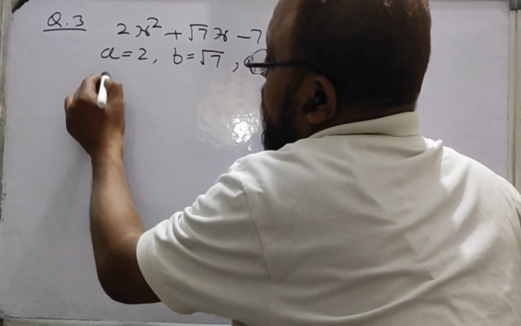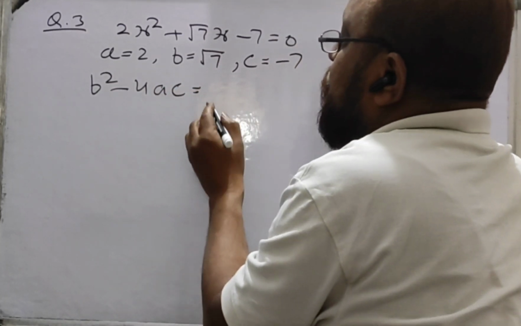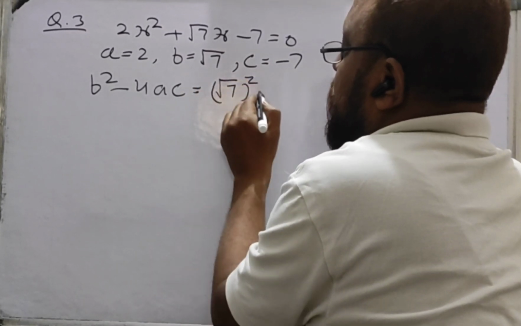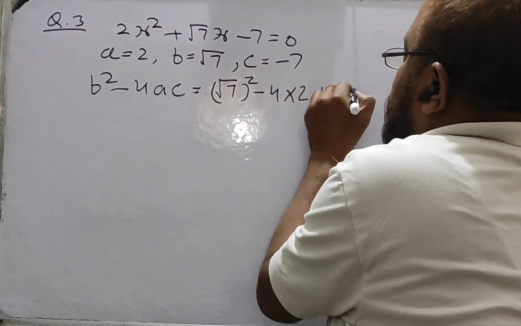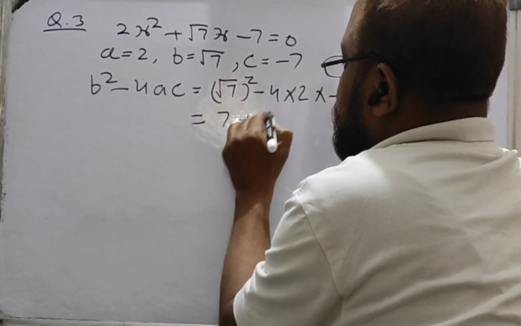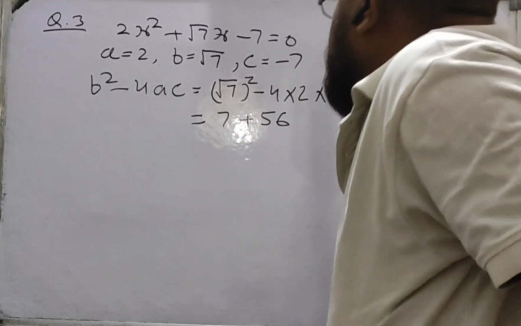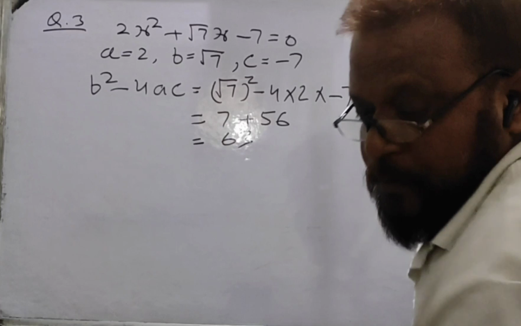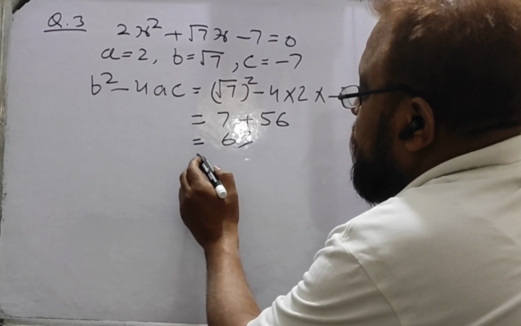So b square minus 4ac is equal to root 7 whole square minus 4 into 2 into minus 7. It becomes 7 plus 56, so it becomes 63.